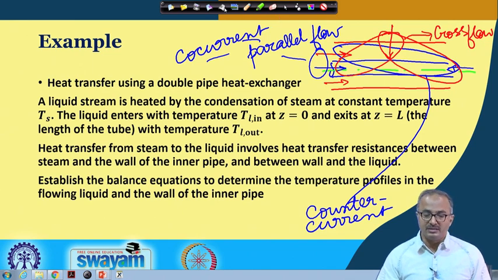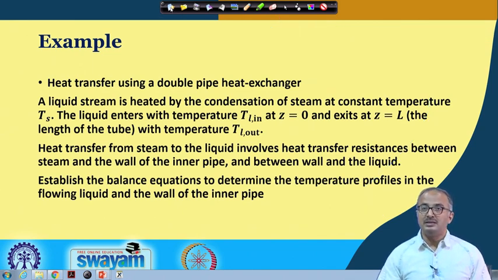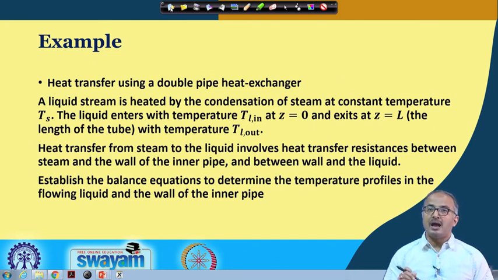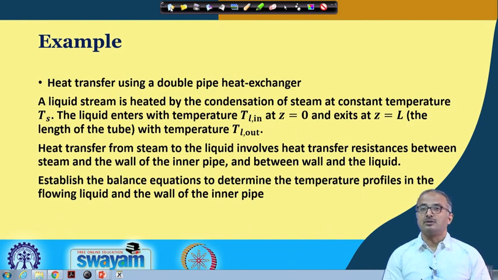So, whatever it is, we understand that these heat exchangers can have different configurations and the choice of the configuration would depend on the objective, that how much heat we need to take out or we need to give in, and there are many other considerations in terms of the pressure drop in the heat exchanger, in terms of the size of the heat exchanger also changes with a change in the configuration of the flow of these two fluids.